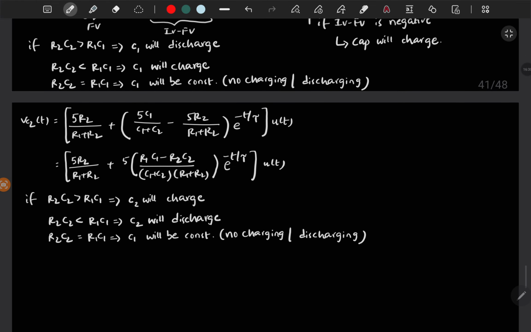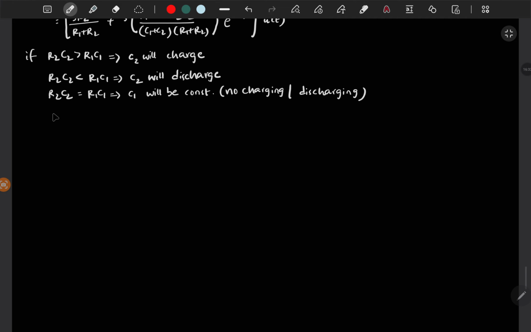Now let's take some condition: R2C2 is greater than R1C1.